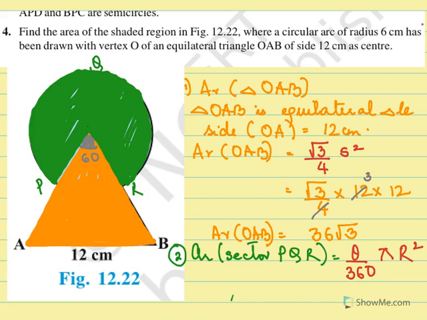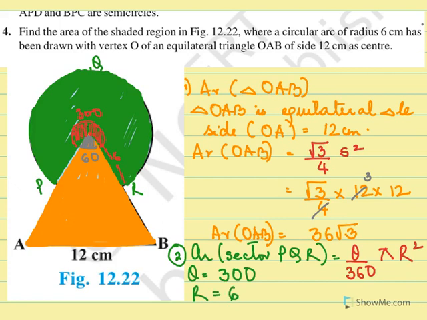Therefore, the angle on the other side, which is the angle of this sector, will be 360 minus 60, and that would be 300. So for this sector, the theta is 300, and the radius, which was given to us, is 6.